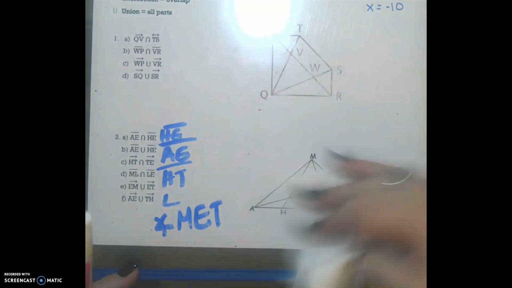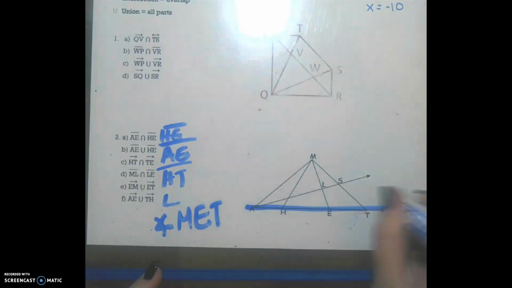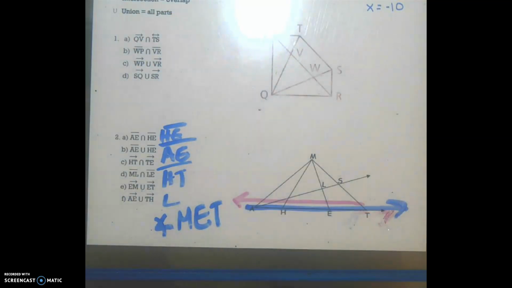Last part, part F, is looking for the union of ray AE and ray TH. Remember, union is all the parts together. So these two rays make line AT.